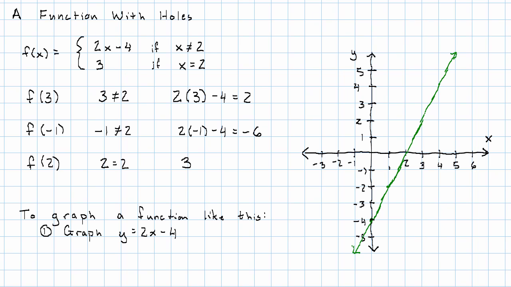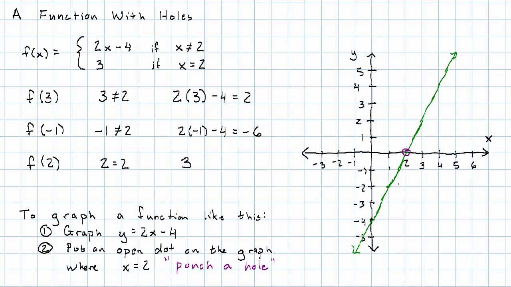To turn that into the graph of y equals f of x, our next step is to put an open dot on the graph where x equals 2. So that's the point on the line that we drew where x equals 2. We can think of this as punching a hole.